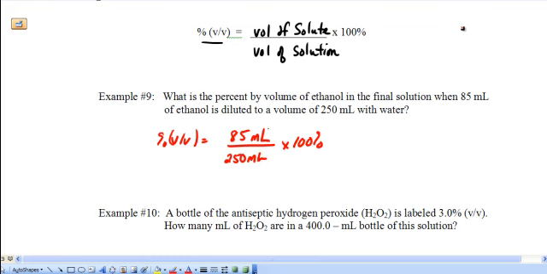Of course, the milliliters units divide out, and the only unit that you're left with is the percent sign. And 85 out of 250 is going to be 34%. So we would say that that solution is 34% ethanol by volume.